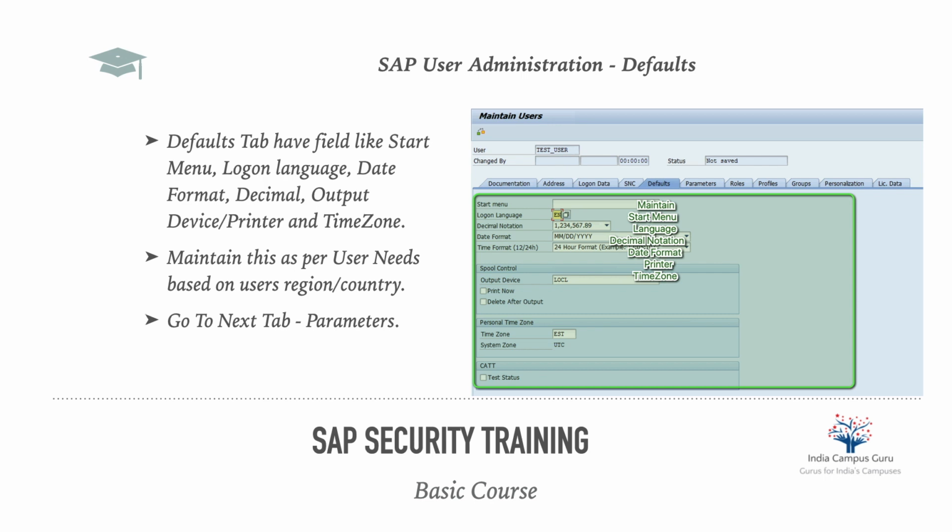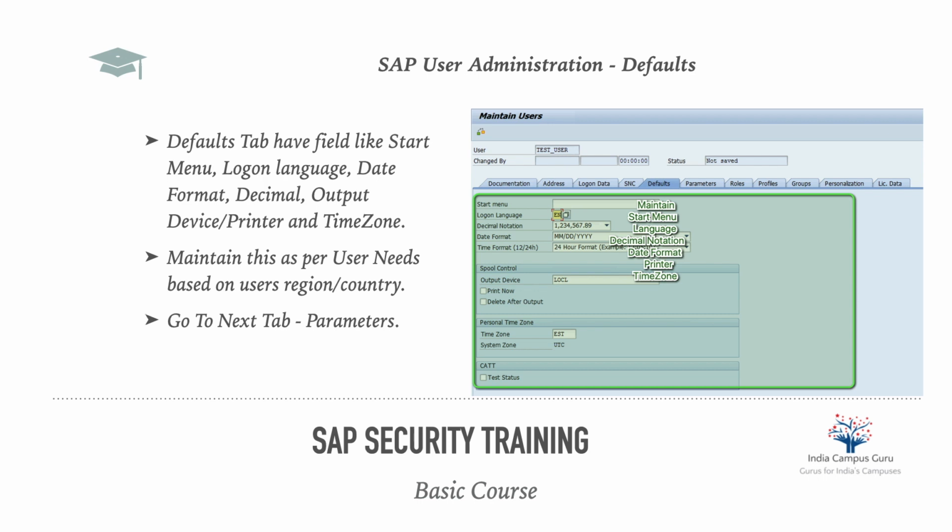Then you have decimal notation. As you know, the US uses a different format than EMEA or APAC, so you have to maintain that based on whether the user is in the US, Europe, or APAC, which is like India, China, or any other country. Same for date format. Time format, I think you can leave that default.